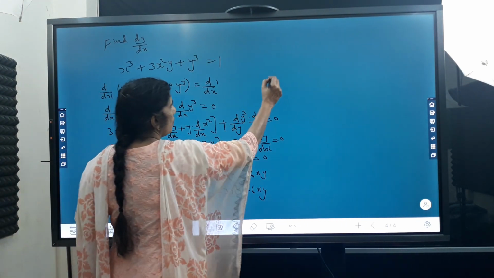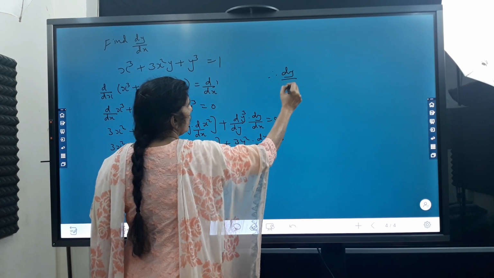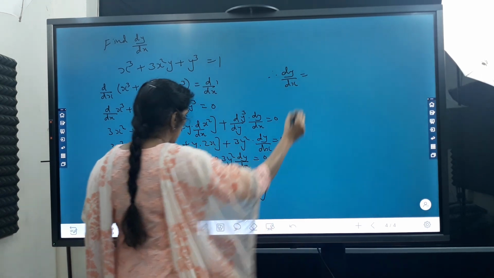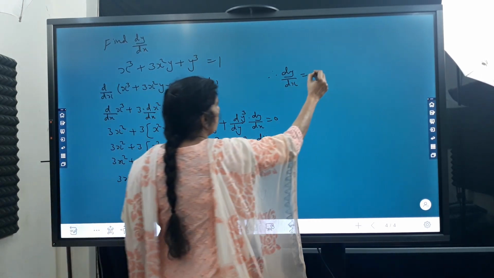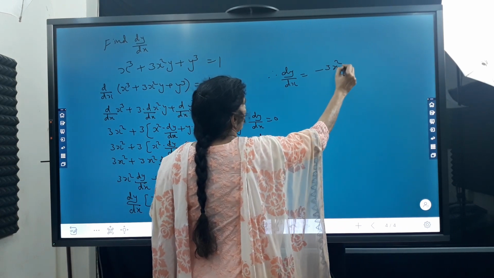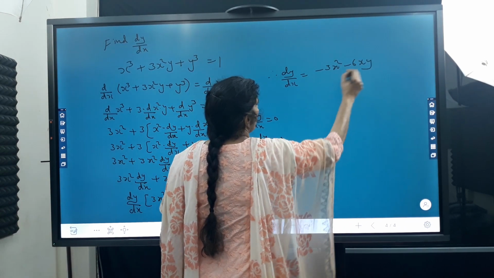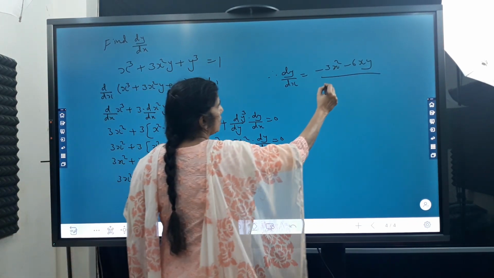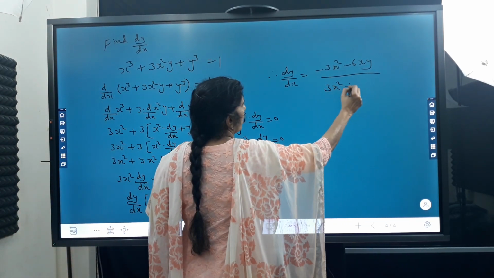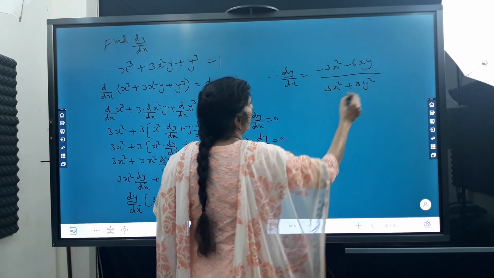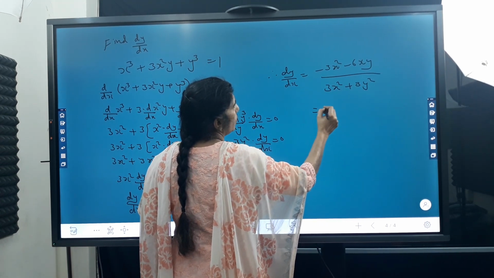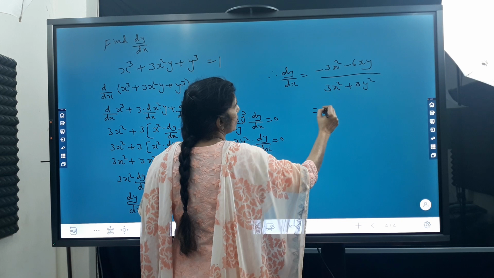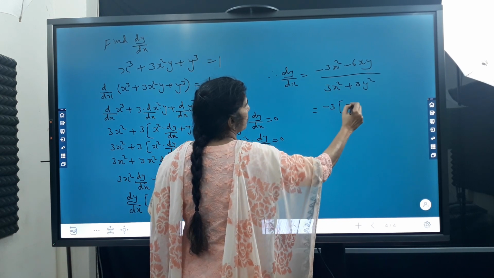So when you divide, you get dy by dx equal to minus 3x square minus 6xy divided by 3x square plus 3y square. That is equal to, you can take 3 as a common factor.